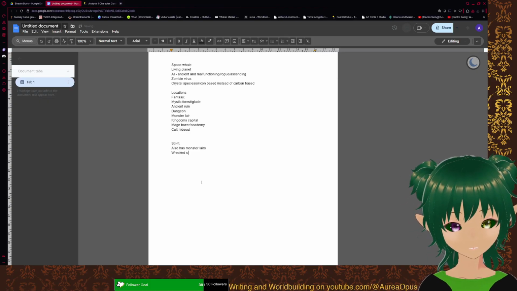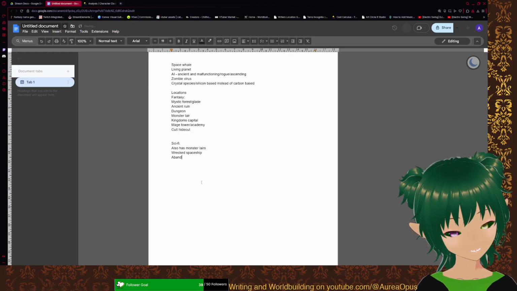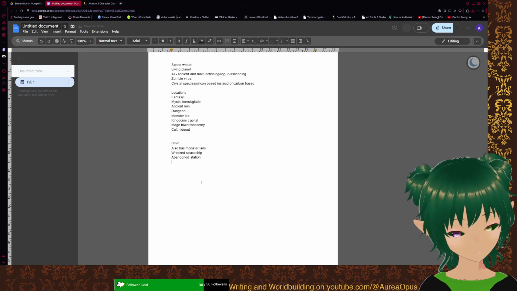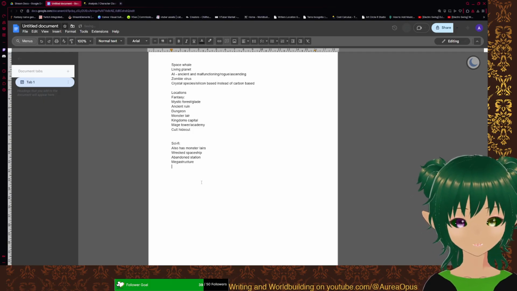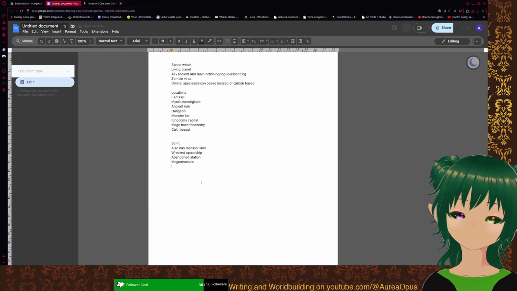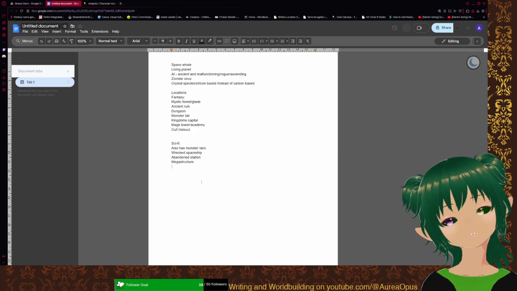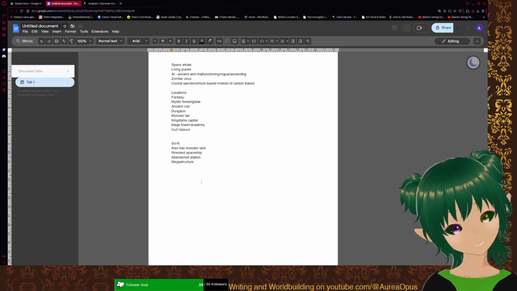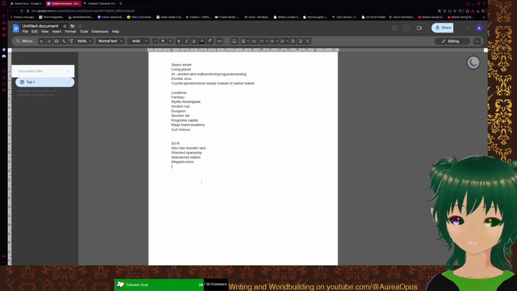Yeah, wrecked spaceship, both planet-side and out in space. Abandoned station, that's a very sci-fi one. Megastructure. There we go. What else is very sci-fi? Of abandoned places, just things floating in space. Megastructures. Nothing else particularly comes to mind.